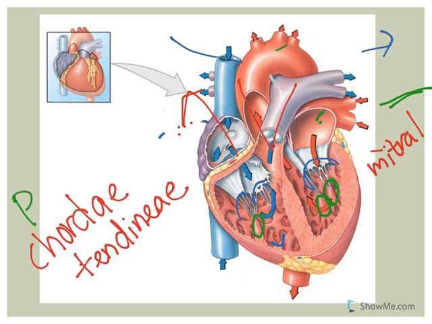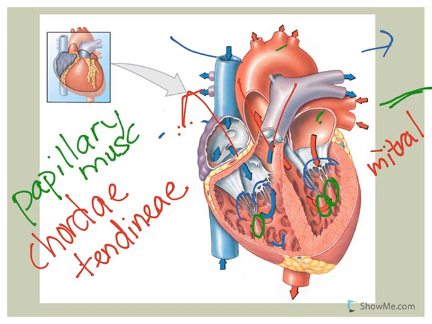They're attached to what are referred to as papillary muscles. So papillary muscles, when they contract, they're going to pull on those AV valves and keep those flaps from going back up into the atria, and they're also going to keep them closed.